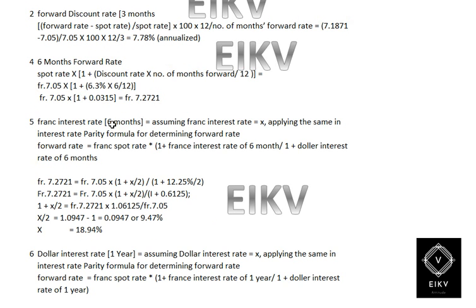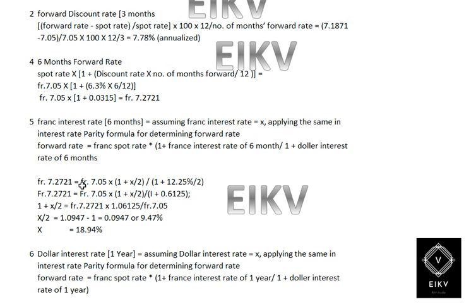So for the France interest rate for 6 months, assume the France interest rate is equal to X. Applying the same in the formula of the interest rate parity theory, it would be France spot rate into 1 plus France interest rate for 6 months divided by 1 plus dollar interest rate of 6 months.